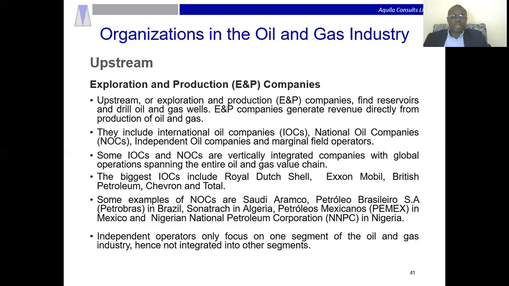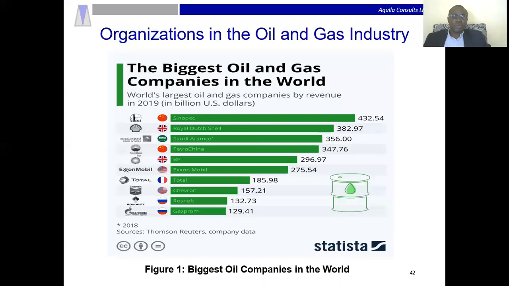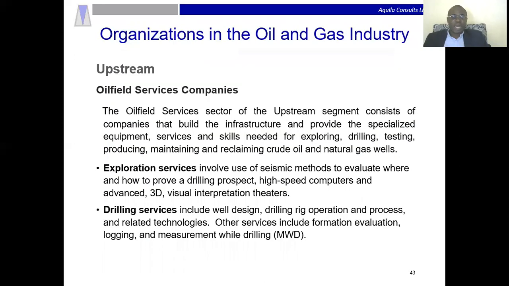Independent upstream operators focus only on upstream, independent midstream operators will focus only on midstream, and so forth. National oil companies, just like IOCs, also may be involved in all the aspects of oil and gas. So this chart just shows you some of the biggest oil and gas companies in the world: Sinopec, Royal Dutch Shell, Saudi Aramco, PetroChina, BP, ExxonMobil, in that order.